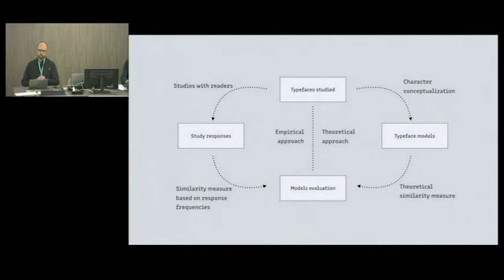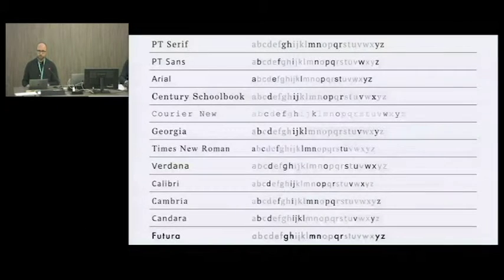So this is the research design, research structure. On one hand, I collected data from studies with participants. And on the other hand, I'm creating computational models to predict participants' responses. And I'm working with multiple different typefaces, and I have to reduce the set of characters I'm working with.